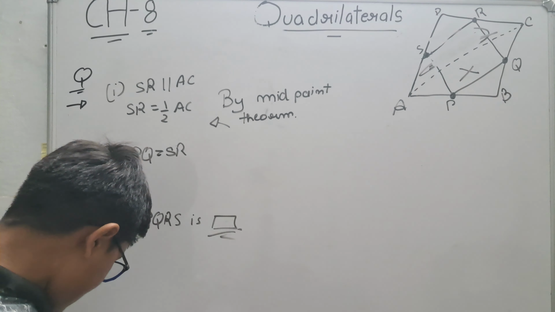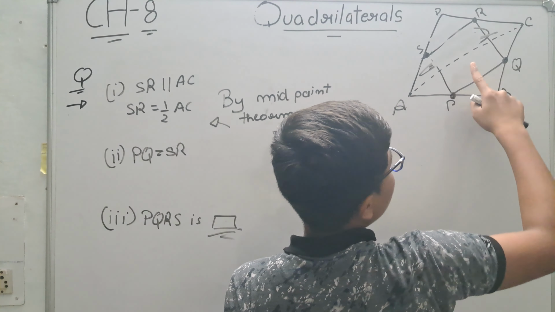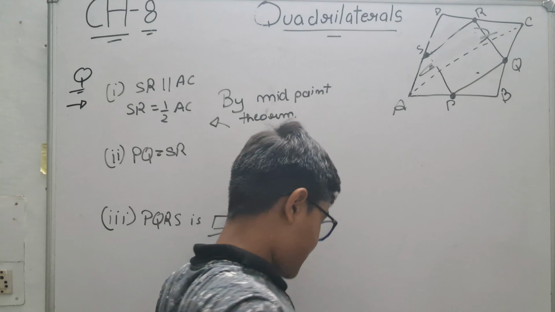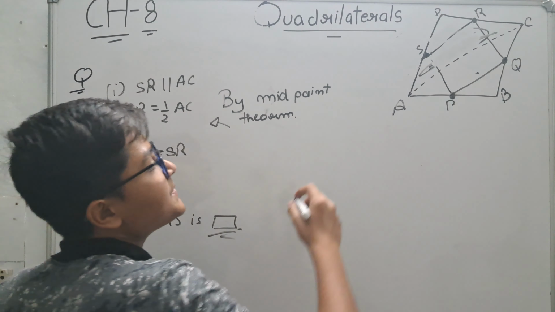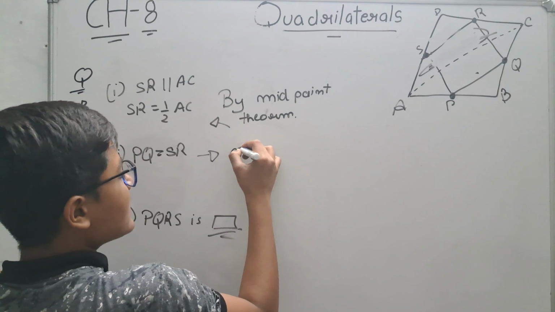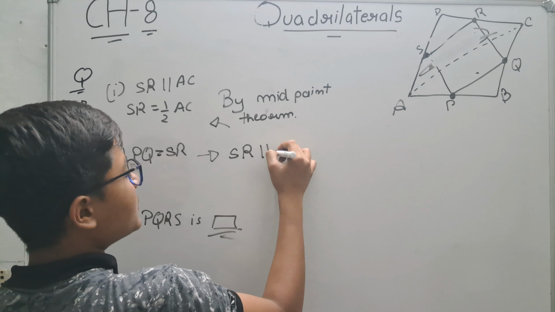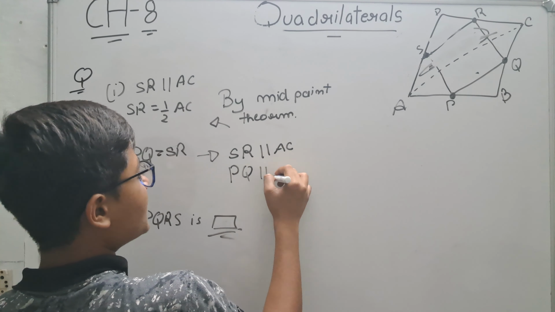They have said PQ is equal to SR. We have to prove this PQ is equal to this SR. How will we prove it? You can see there is only one diagonal, so we can write like this: SR parallel to AC as well as PQ parallel to AC.